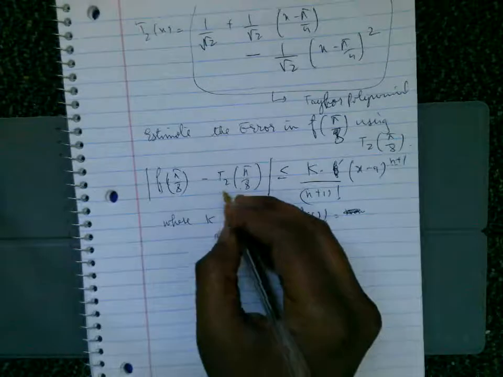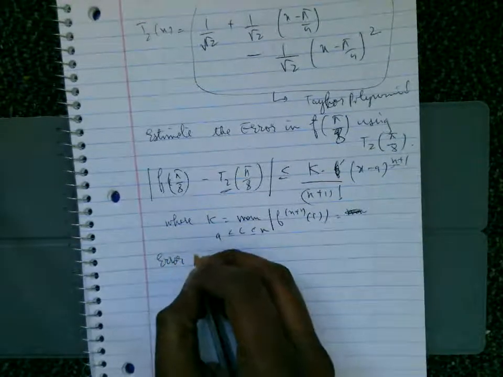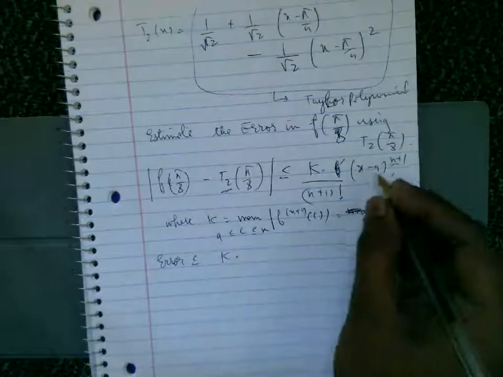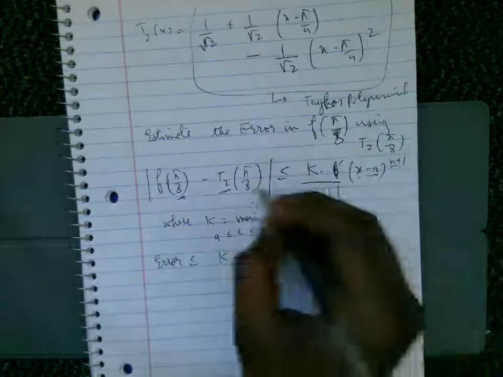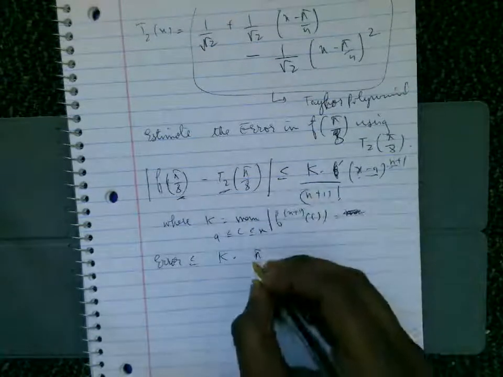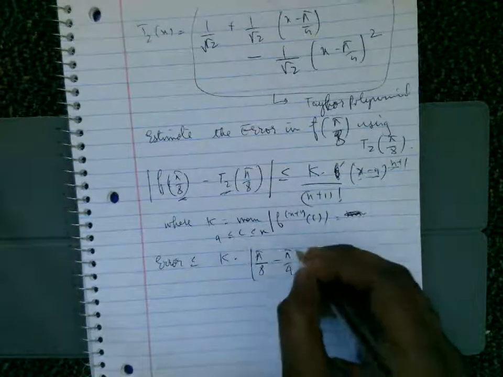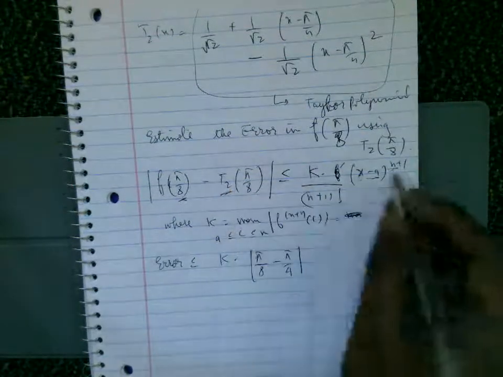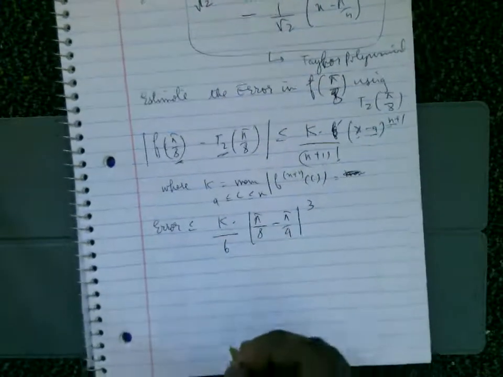So when you substitute n equal to 2, you get that this error is less than or equal to K times modulus of pi by 8 minus pi by 4, the power 3, by 3 factorial, which is 6. Here x is pi by 8 and a is pi by 4, the center.